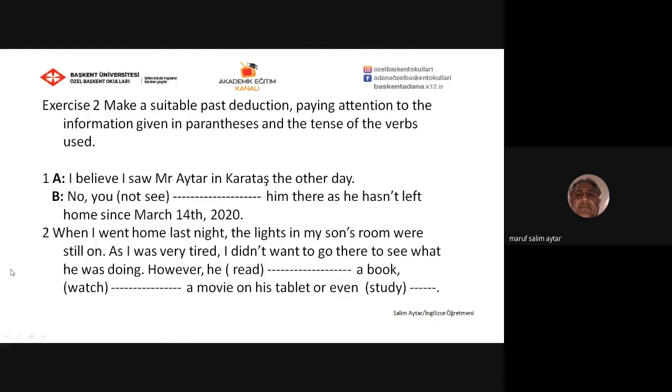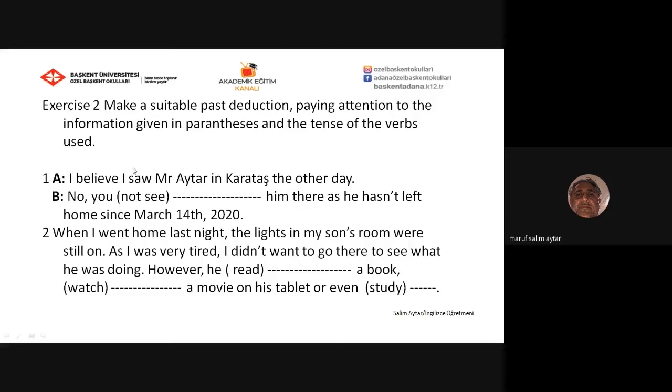Let's have a look at exercise 2. Make a suitable past deduction, paying attention to the information given in parentheses and the tense of the verbs used as well. The first conversation goes, the first speaker says, I believe I saw Mr. Aytar in Karataş the other day. Past.